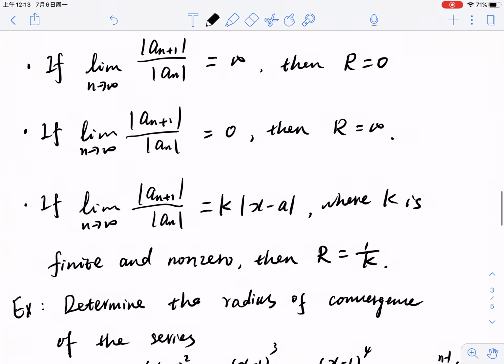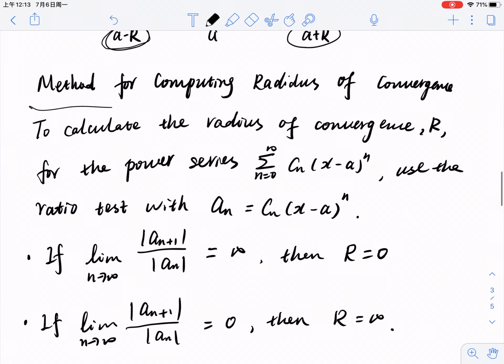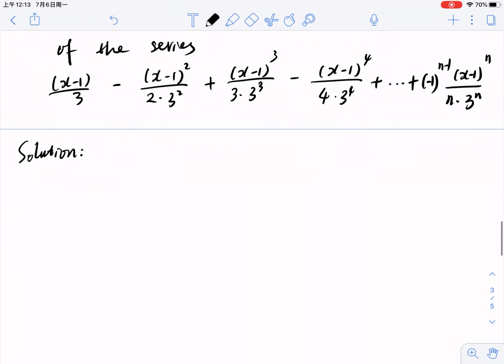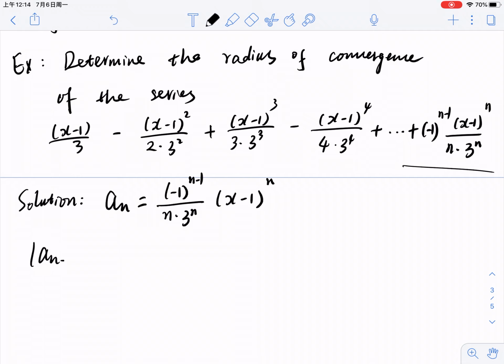For this series, we will use this method. We use the ratio test with a_n as this term, then do the ratio. So a_n is (−1)^{n−1}(x − 1)^n over n·3^n.